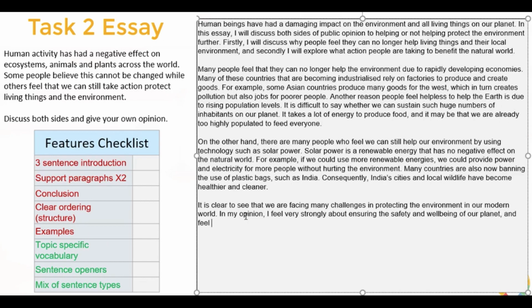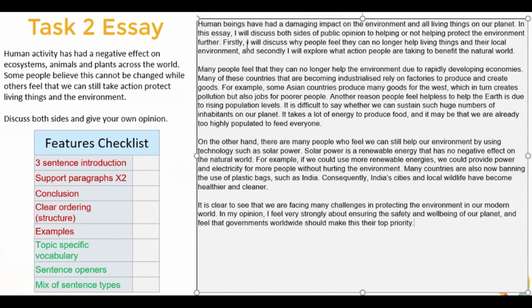And feel, just add a bit more detail and of course a different kind of sentence. And feel that governments worldwide should make this their top priority. Okay, priority, excuse me. There we go.